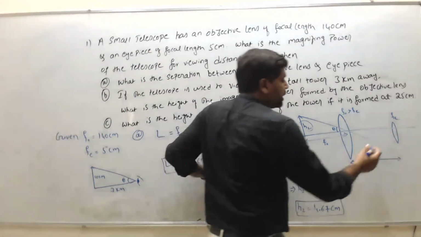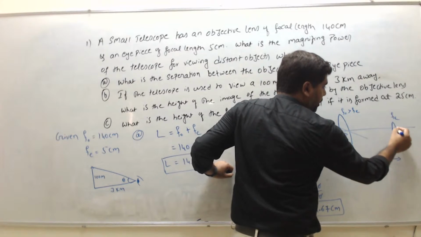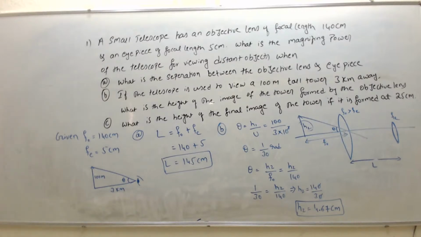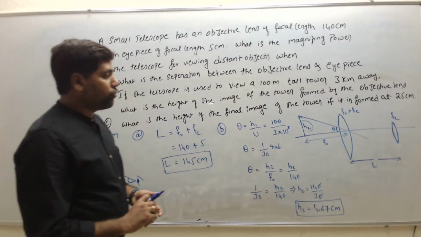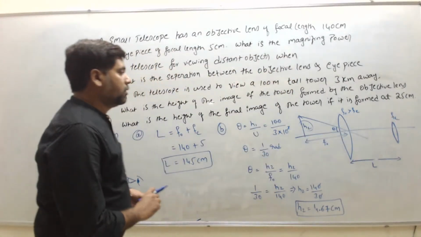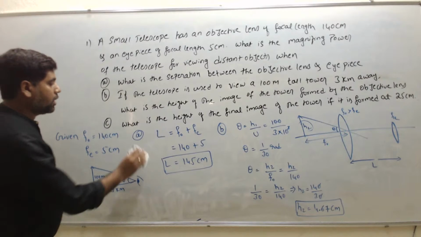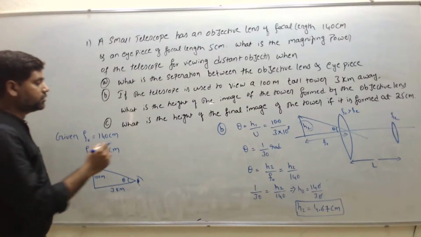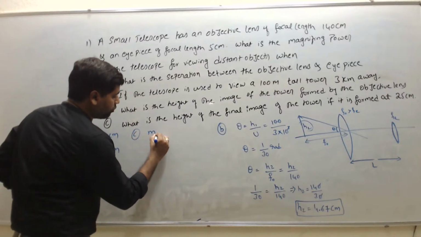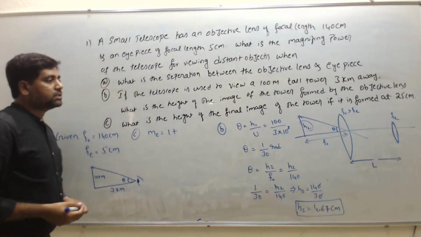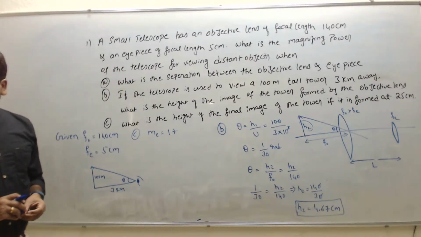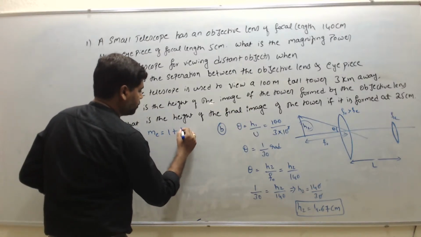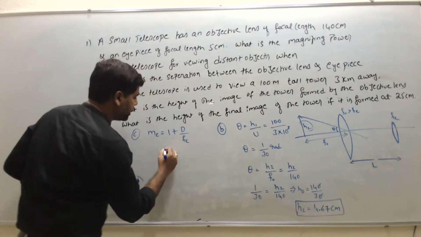When we get the final image, if we see through this eyepiece, then we have to find the magnifying power of the eyepiece, that is equal to 1 plus D divided by Fe. For the telescope, ME equals 1 plus D divided by Fe.